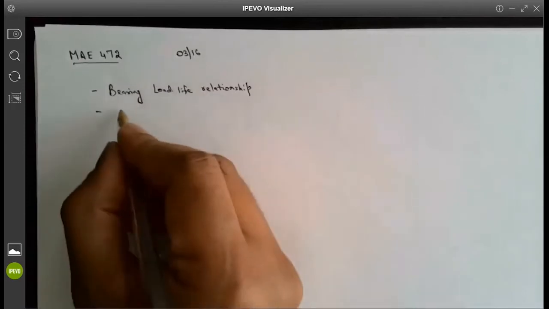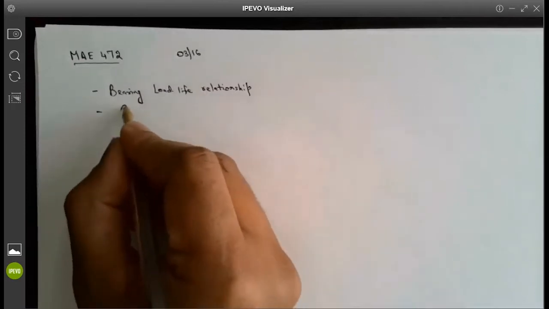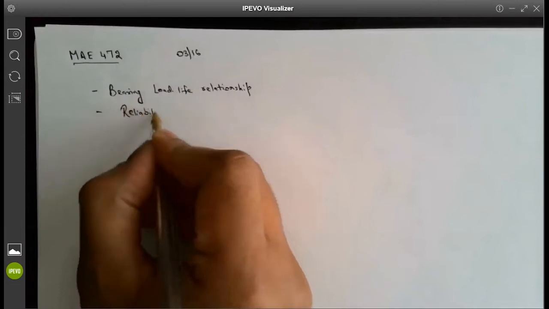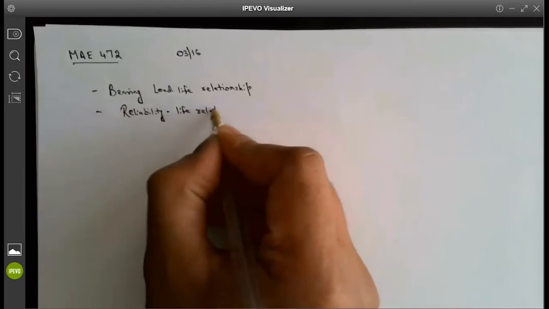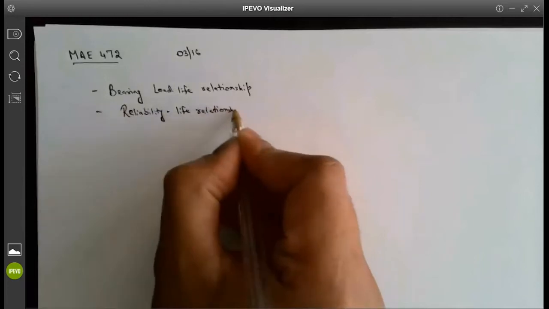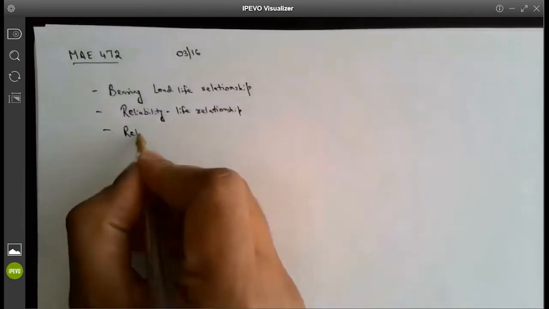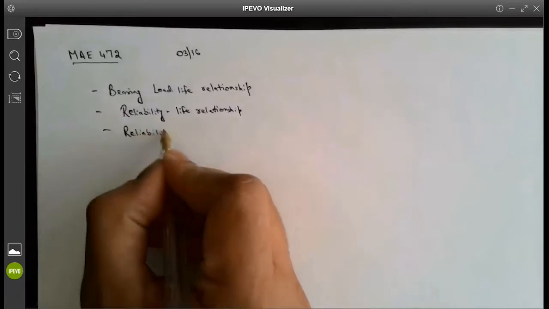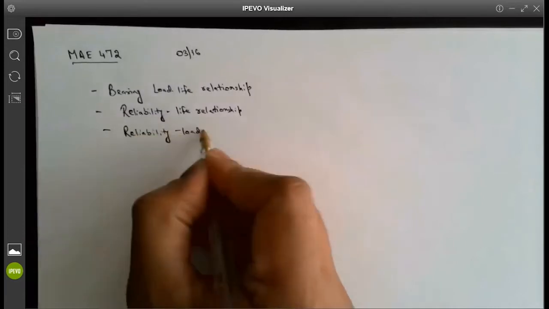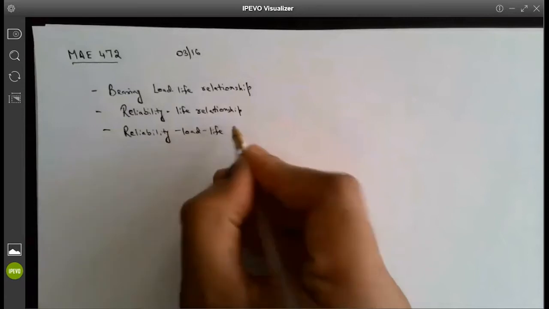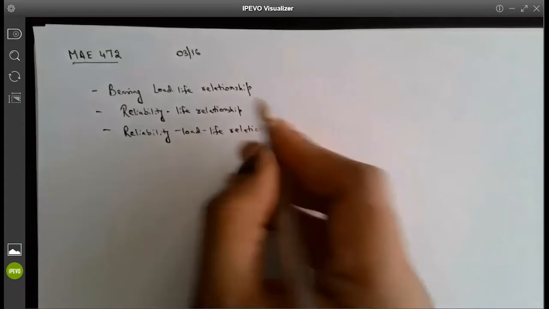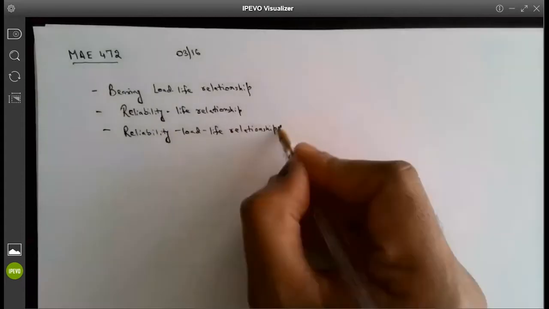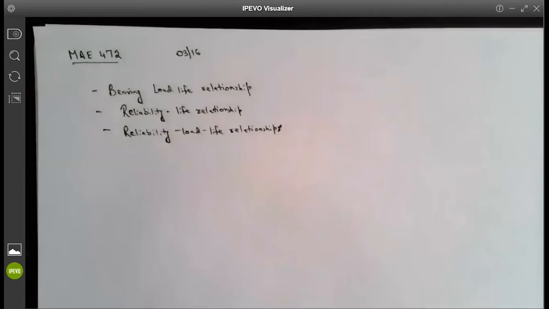Then we will have the reliability life relationship, and then we will have the reliability load life relationship.